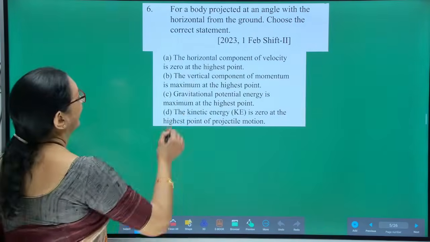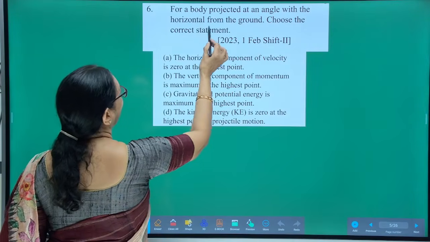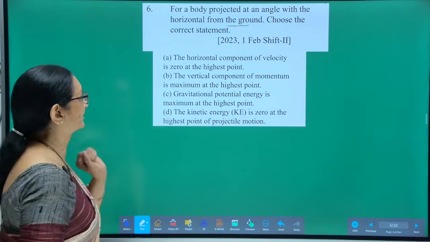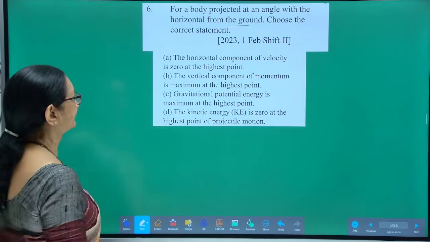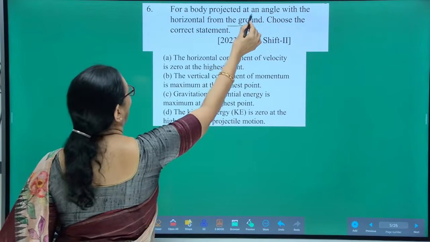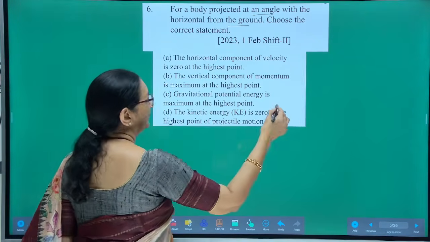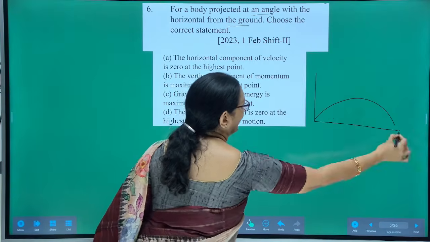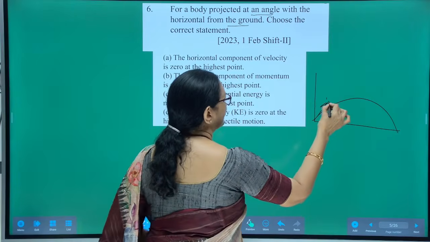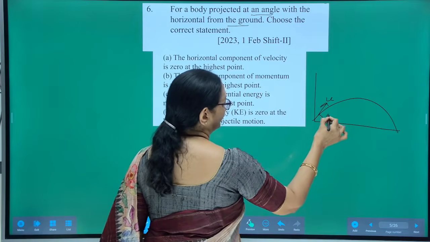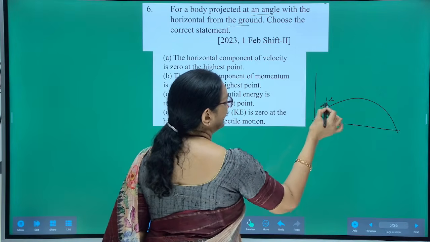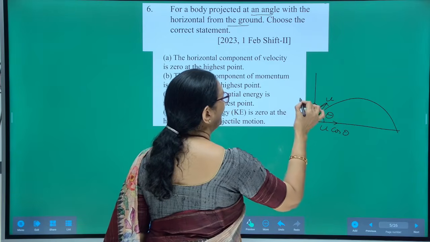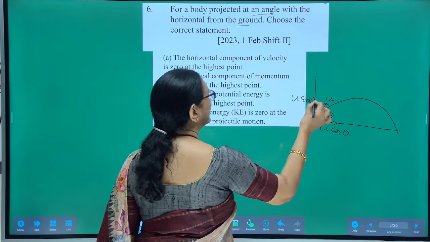Look here, a body is projected at an angle with the horizontal from the ground. Choose the correct statement. So, it is a projectile. If this is the angle of projection, theta, its component along the horizontal is u cos theta, component along the vertical is u sin theta.